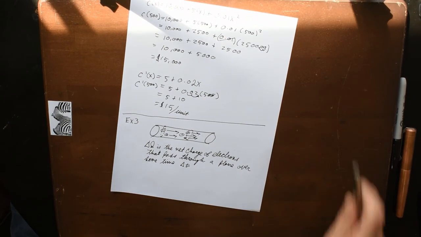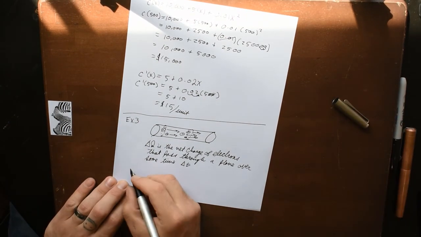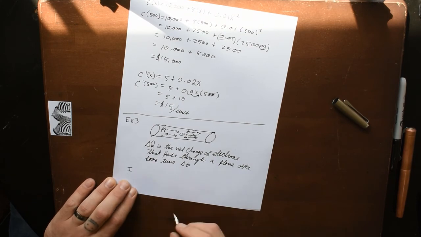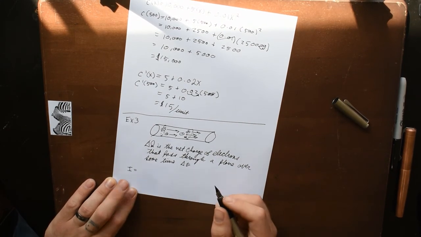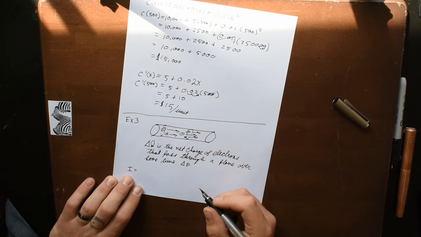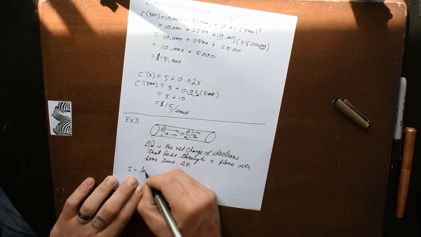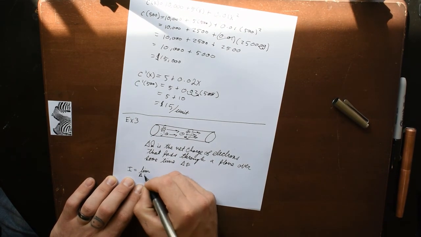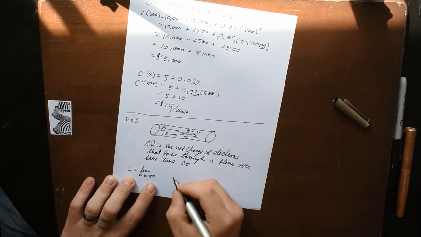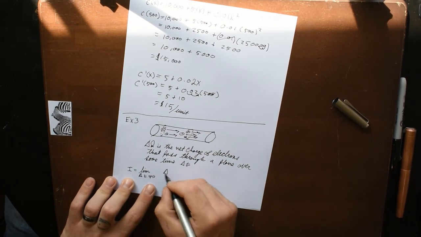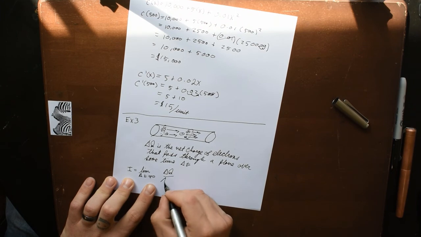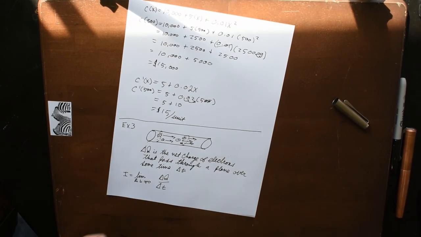And now, what's actually defined as the current, denoted by a capital I, is equal to the limit as delta T goes to 0 of that net charge divided by the change in time.